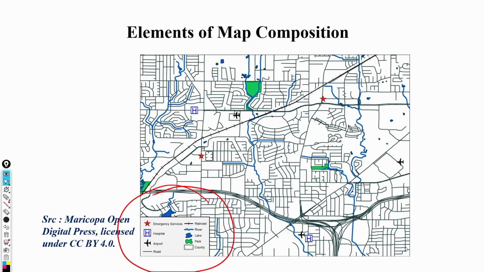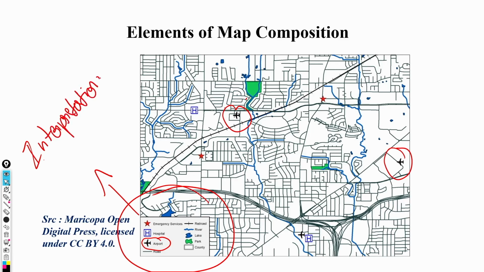Now there are a few components that are missing here, and there are a few maps in which I will try to show you that. So this is your legend. I mentioned the airport; you can see an airport over here, and I can find another airport here. What the legend does is make your interpretation a bit easier.